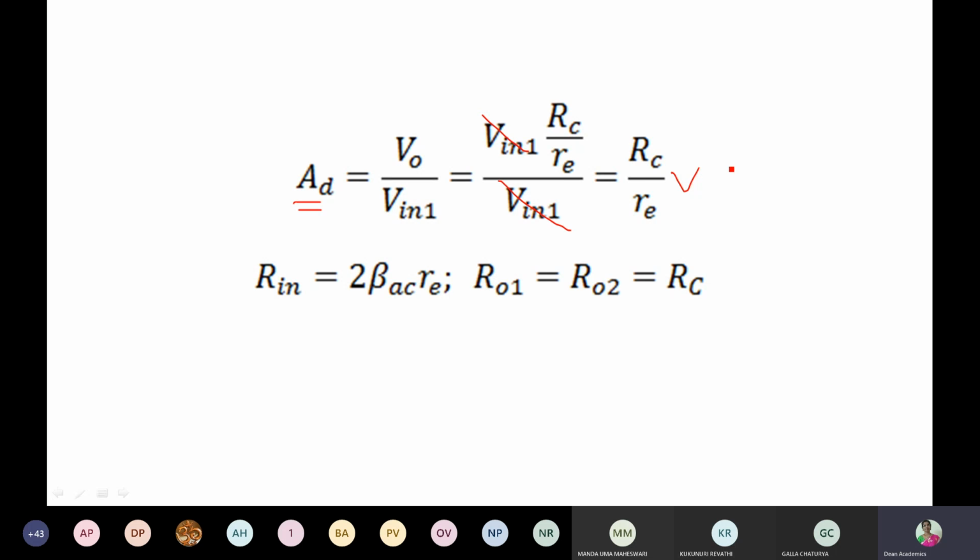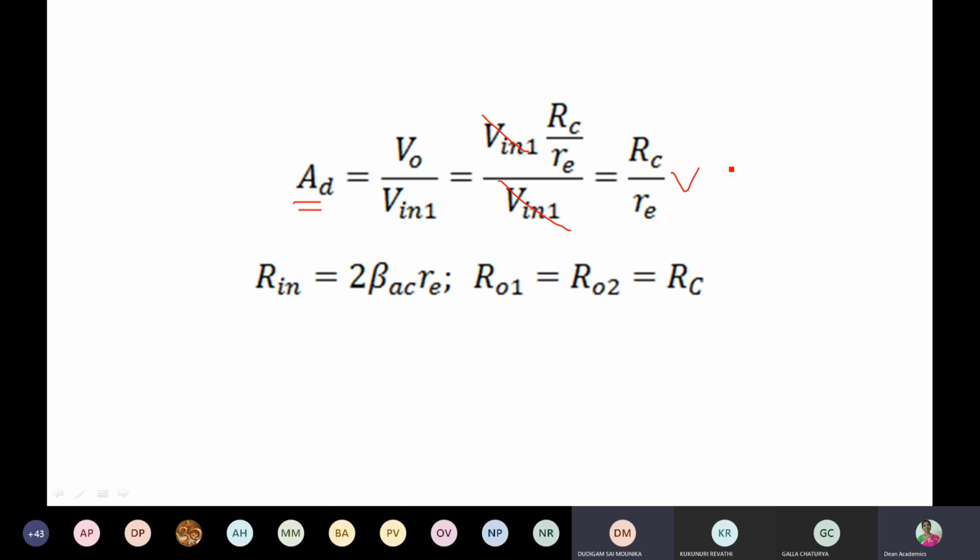So this is a single input balanced output differential amplifier. It is a double-ended amplifier only. So we got differential gain is equal to Rc by Re, right? What is the differential gain for dual input balanced output differential amplifier?